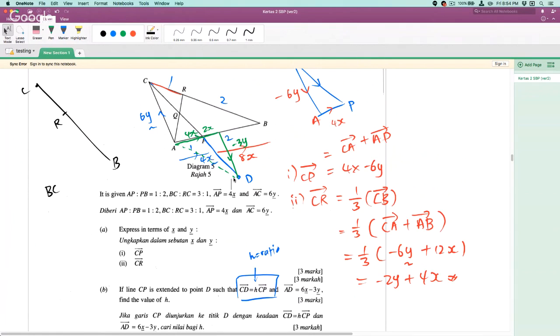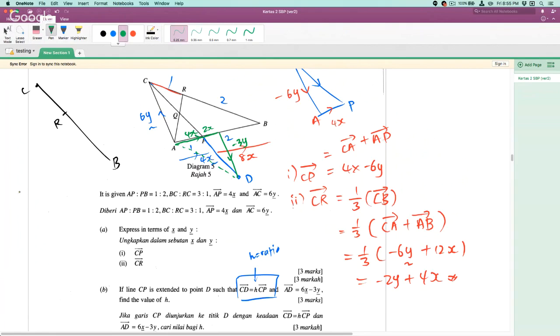Let me see what we can do. Of course, we can do it about CD. So I will just substitute the things. Let me use the empty space here, and use green color.